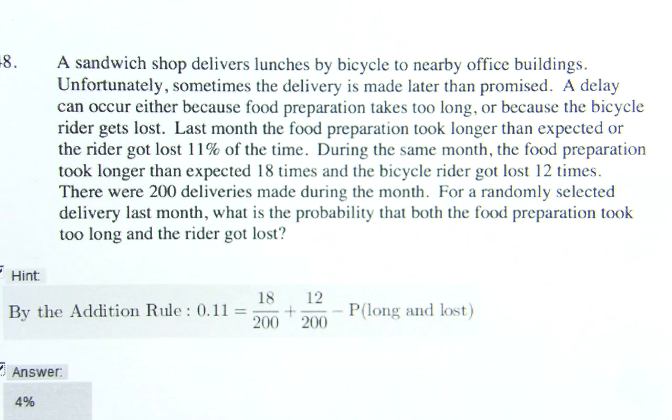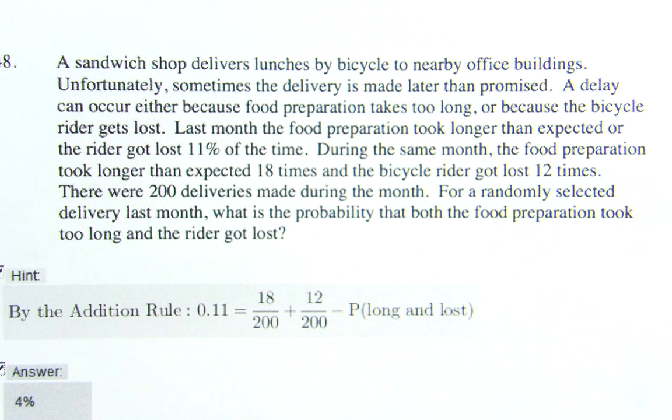So a sandwich shop delivered lunches by bicycle to nearby office buildings. Unfortunately, sometimes delivery is made later than promised. A delay can occur either because the food preparation takes too long, so somebody's really slow in the kitchen, or because the bicycle rider gets lost, so you got a new guy. Last month, the food preparation took longer than expected, or the rider got lost, 11% of the time.